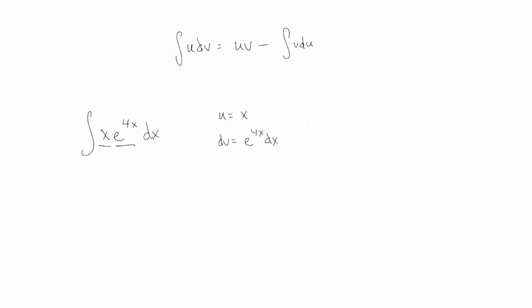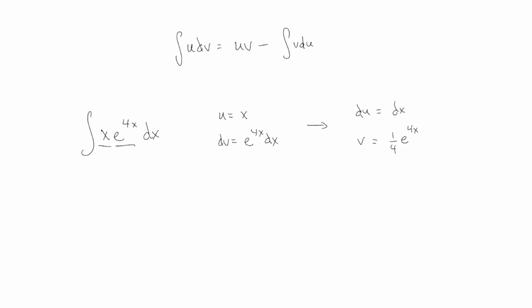Anyway, the next thing I do is figure out what du and v are. So du, just like in a u substitution, is the derivative of the u, which in this case is 1 dx. It's just dx. And then v is the integral of dv. I don't know if I ever said this specifically last time, but this comes in handy when you're doing these integration by parts problems.